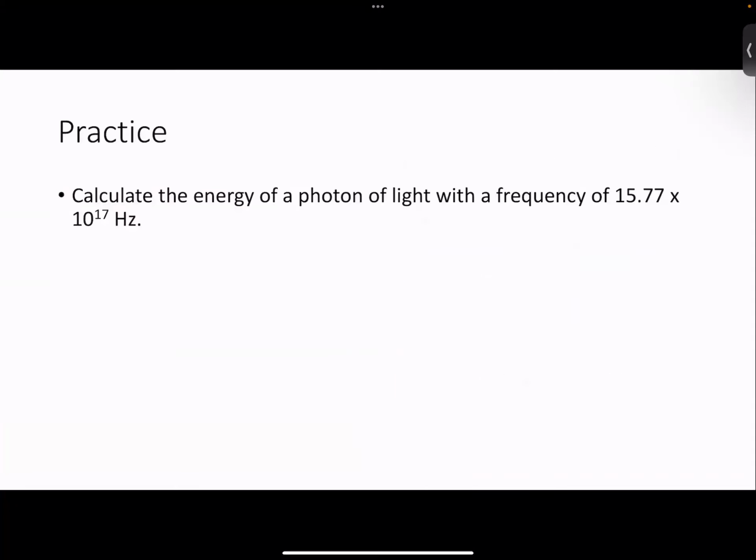Let's look at an example. Calculate the energy of a photon of light with a frequency of 15.77 times 10 to the 17th hertz. Okay, so what I have is the frequency, 15.77 times 10 to the 17 hertz, and I have been asked to calculate the energy.